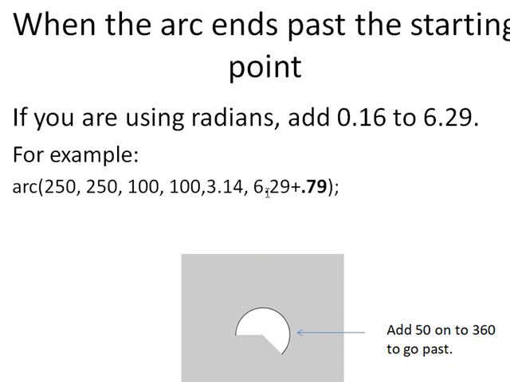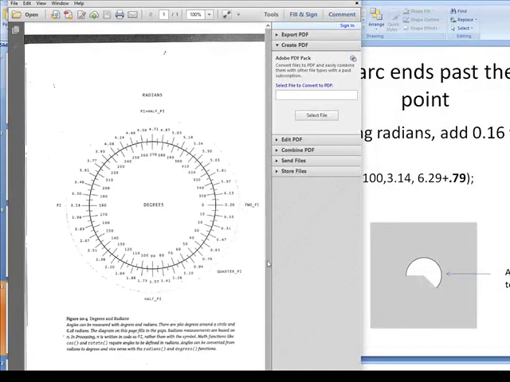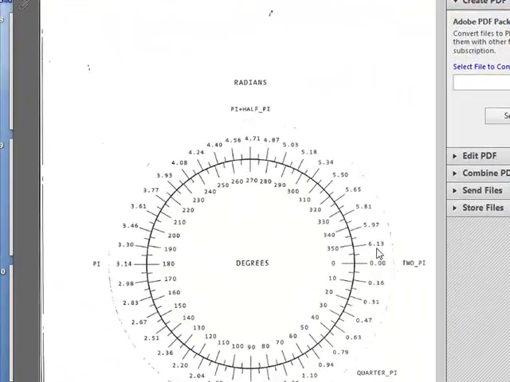So you remember where I got this number 6.29? Pulling up this chart, I just simply added, these are jumping in units of 0.16. The last number here was 6.13. So 6.13 plus 0.16 is 6.29. So this, as I'm coming around a second time, is 6.29 plus 0.79.